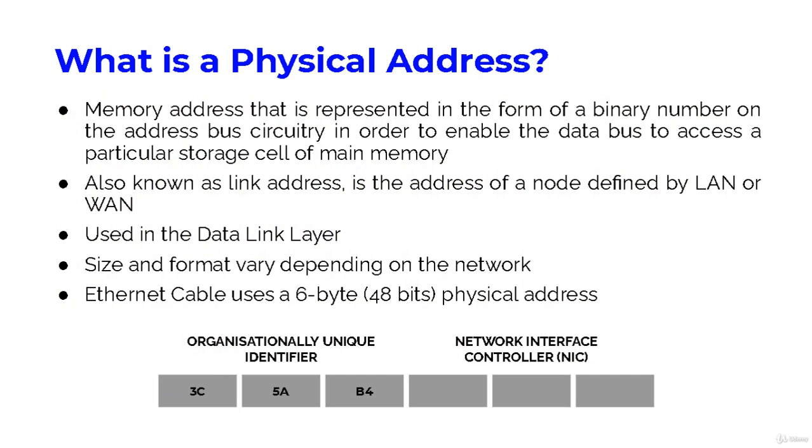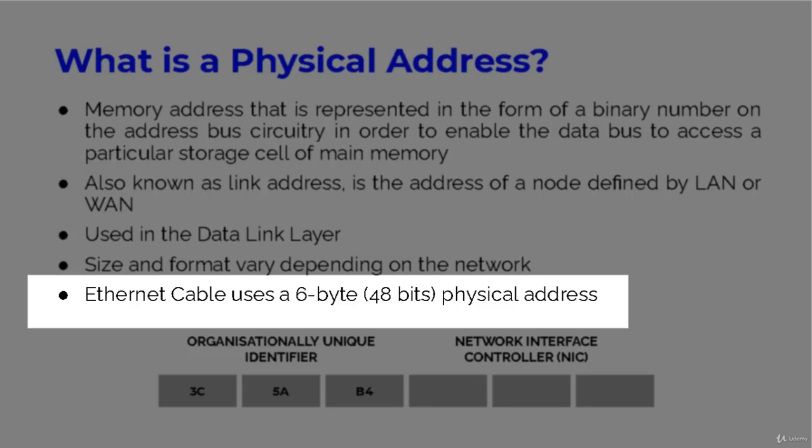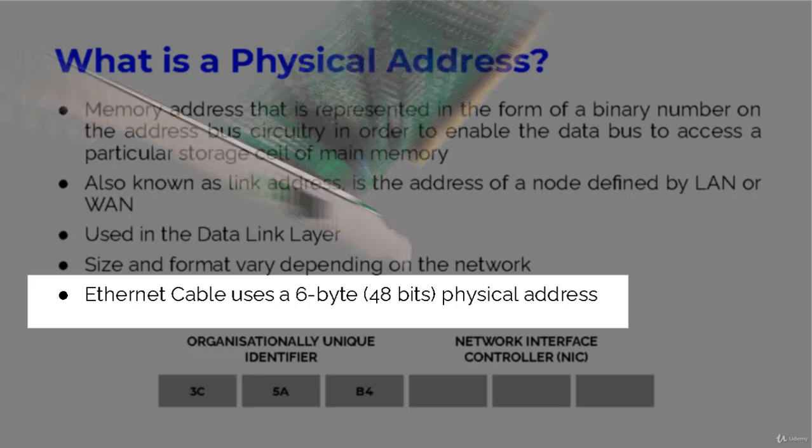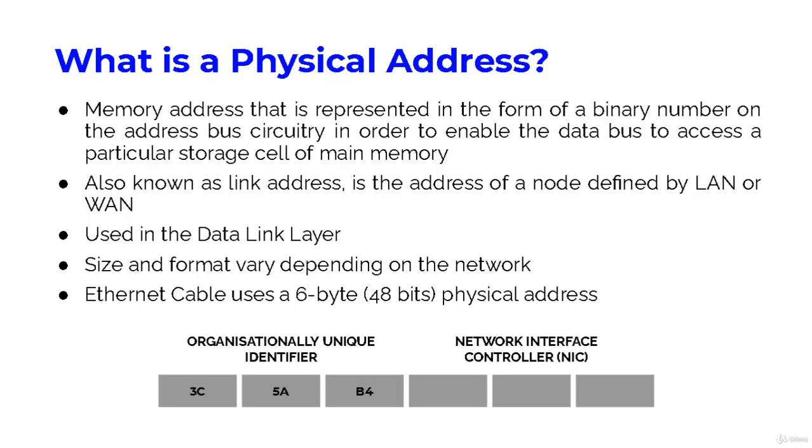The size and format of these addresses vary depending upon the network. For example, Ethernet uses a 6-byte, which is equivalent to 48 bits physical address that is imprinted on the network interface card, that is NIC. LocalTalk, that is Apple, however, has only a 1-byte dynamic address that changes each time the station comes up.